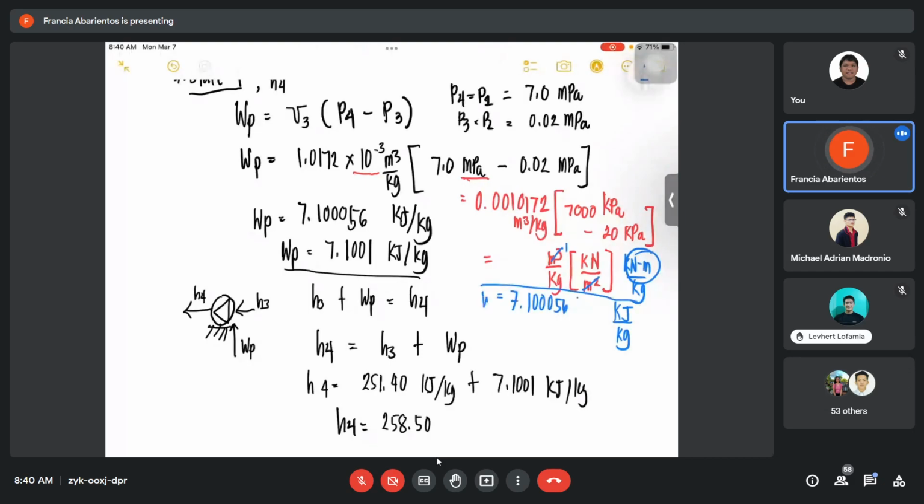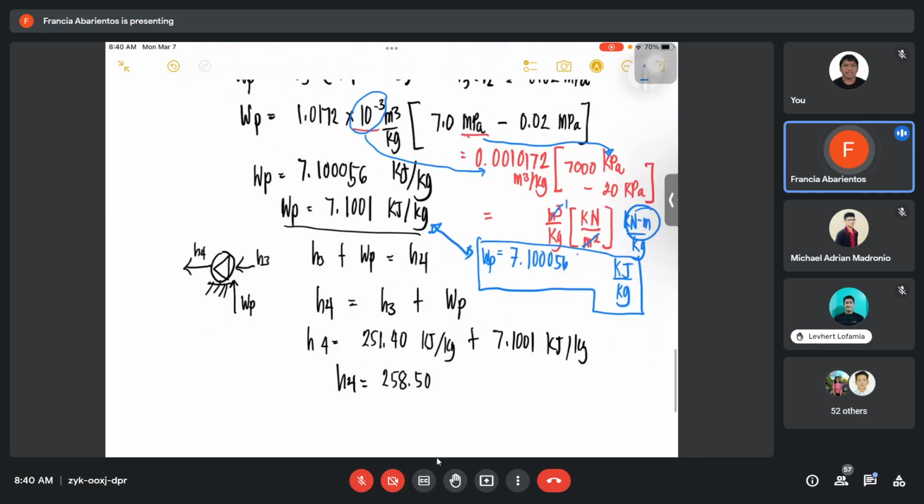This is now your work of the pump. So, same lang sila. Pinakita ko lang dito yung times 10 to the negative 3, and your MPa into kilopascal. Nasagot na po ba?